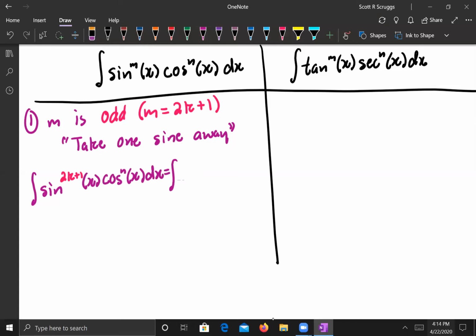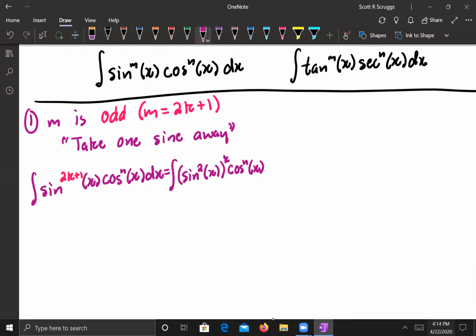But the way I'm going to rewrite sine to the 2k power is sine squared raised to the kth power, times cosine to the n, and I'm going to move that extra sine I took away and pair it with the dx.